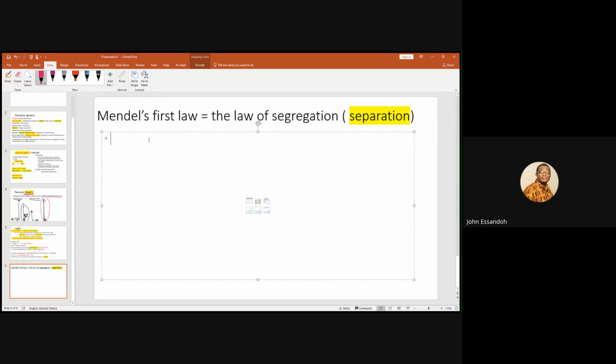He stated that a trait is controlled by a pair of factors, and these factors separate as they are being passed on from parent to offspring.